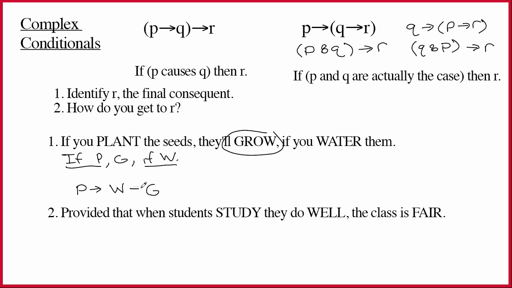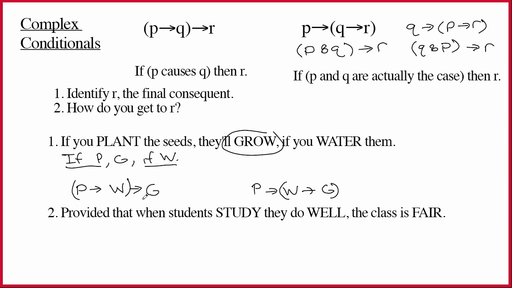And so I'm going to suggest that we try P arrow W arrow G, and I'm going to suggest that we write it twice, and then we try reading it in both of these forms, which means let's put the parentheses around the front and also around the back. And now we're doing step 2, and we're going to ask ourselves intuitively, what does the sentence tell us gets us to R?